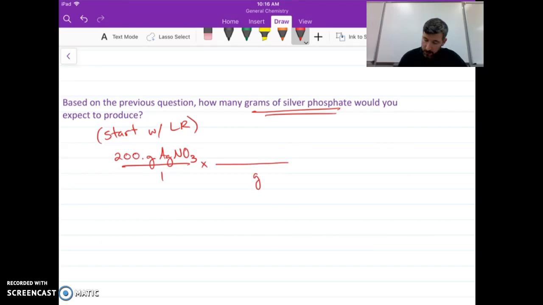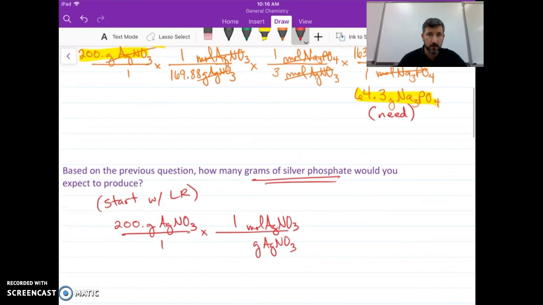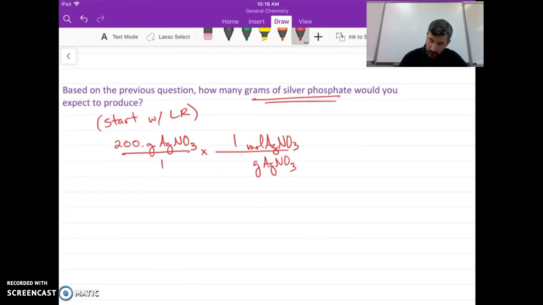Okay, so you should have gotten grams of silver nitrate to moles. We've got to go to the periodic table, but we already did that for the previous step. So I can just reuse that number, 169.88. And then that puts me at moles of silver nitrate.